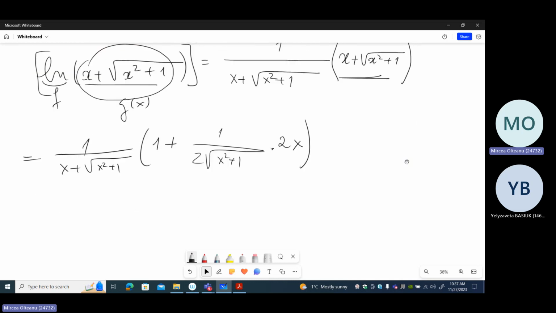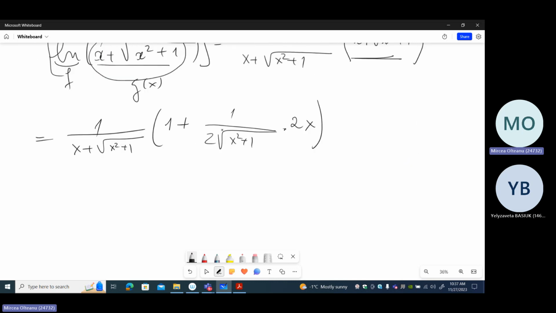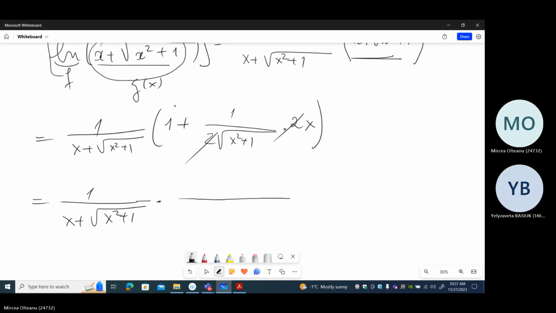And now we need to carefully make the computations. 2 and 2 simplify, so we get 1 over x plus the root. And here, when you multiply by x squared, you will get root of x squared plus 1 plus x over root of x squared plus 1.